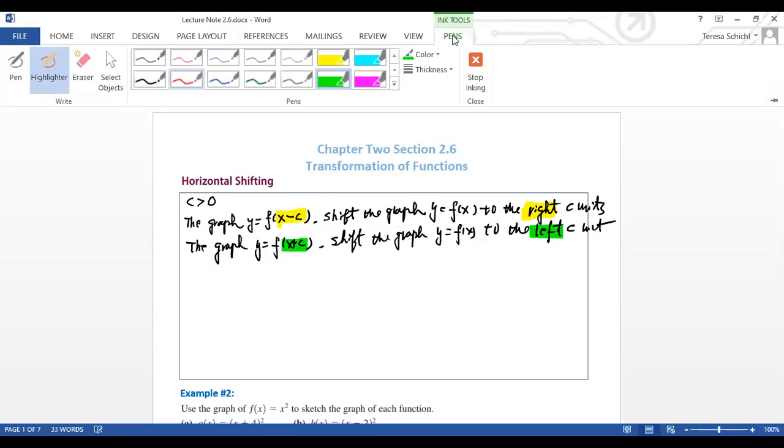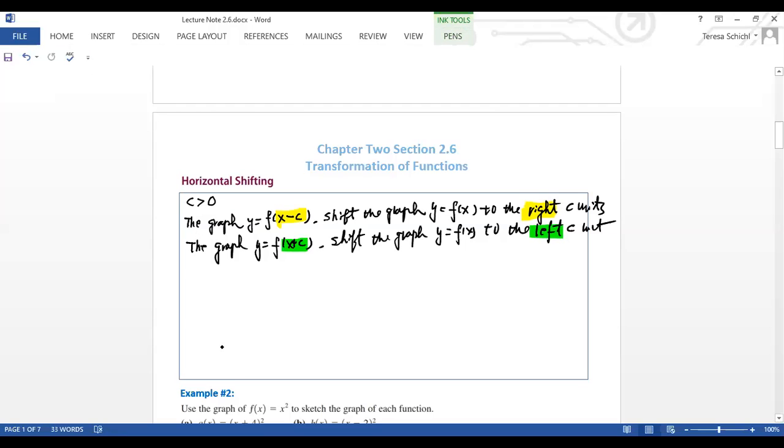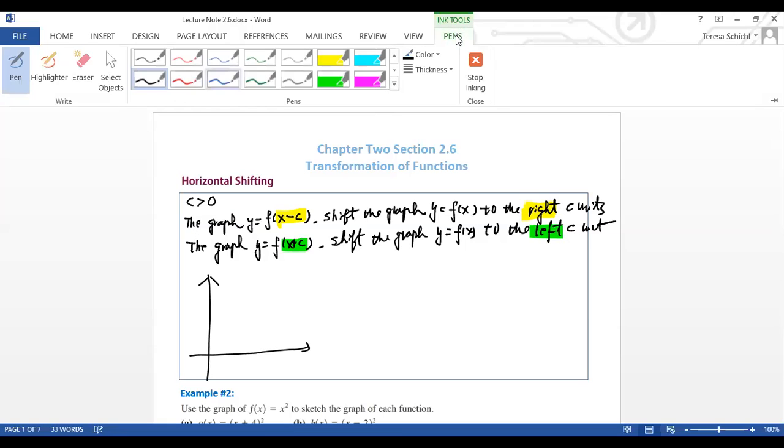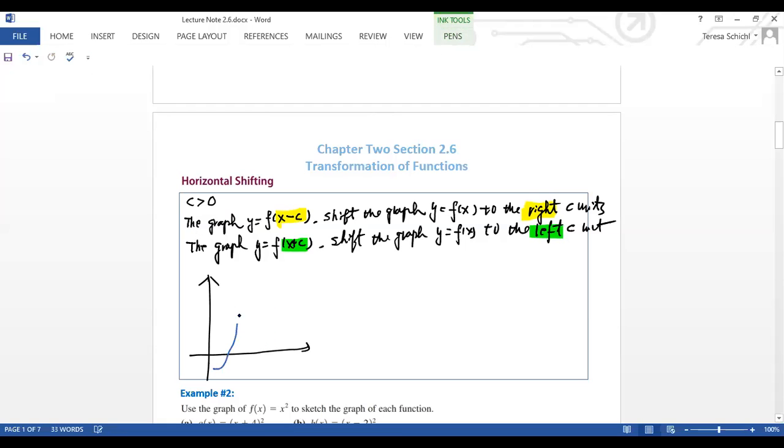Okay, so let's take a look at what the graph is going to look like. Let's see, I have some graph here. This is my f of x, right? Now if I shift to the right, this one's here. That means this is f of x minus c, from here to here, so it's c units.